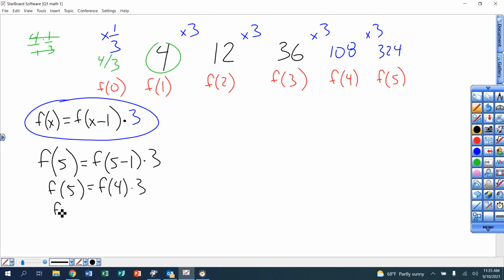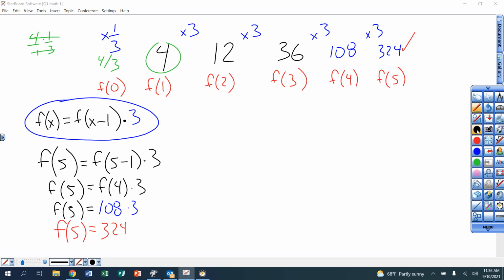I'm going to take that f of 4 out of there and replace it with the actual number that it is, which is 108. And times that by 3, and that gives me the 5th term, 108 times 3. F of 5 equals 324 when I times 108 times 3. That matches this number right here.